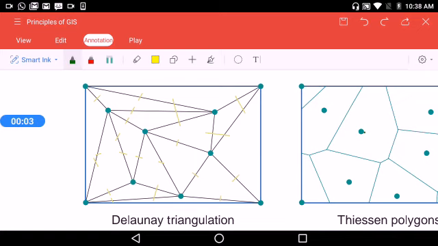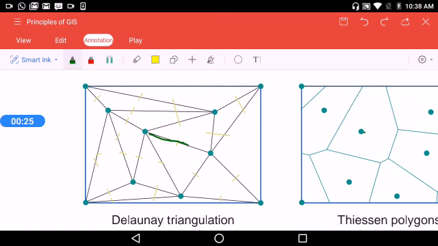Now if you already have a Delaunay triangulation for the same set of input points, then it becomes much easier to construct the Thiessen polygon. As you can see in this figure, the triangulation is already made. We just have to find the perpendicular bisector of each side of the triangle.